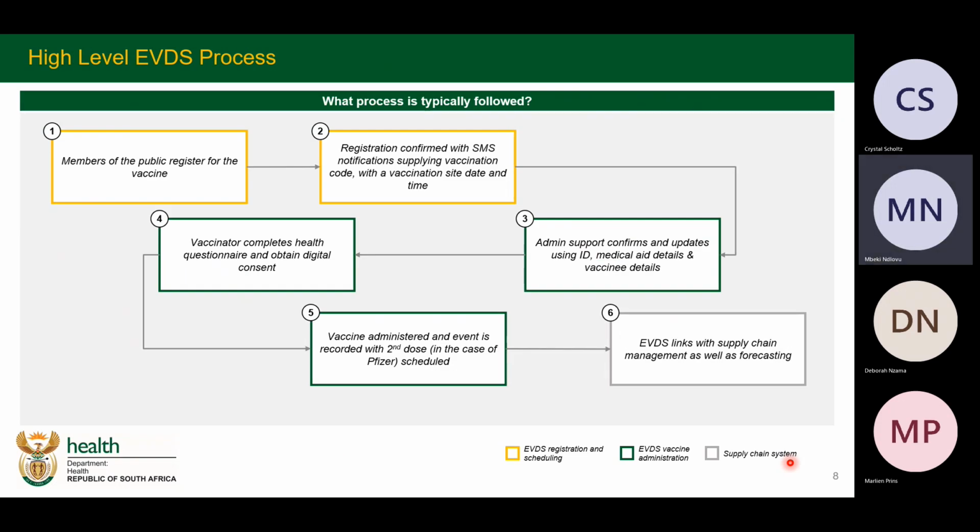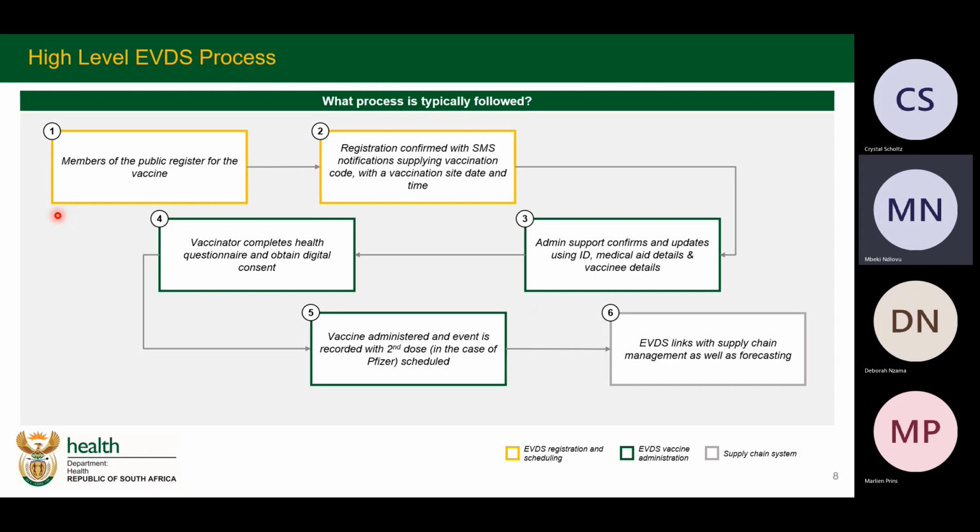Now, from a high level EVDS process, there are about 6 steps that we need to understand and know. Step number 1 is when members of the public register for the vaccine. And there are 3 ways to do that. You can use WhatsApp, you can use a web link, and you can use USSD.